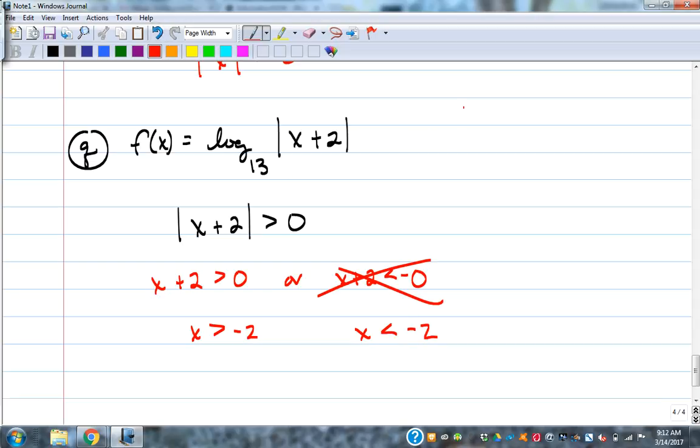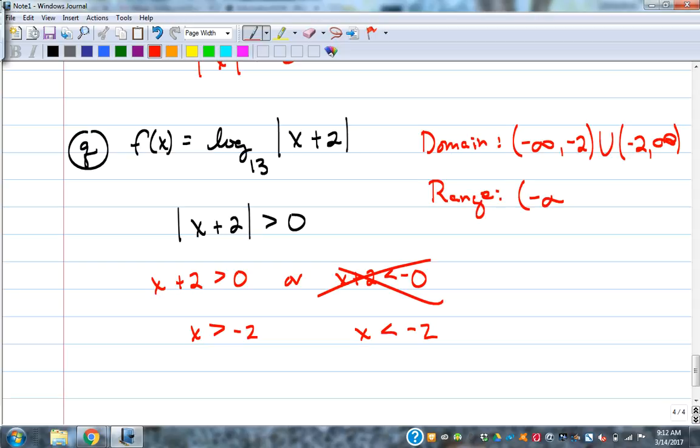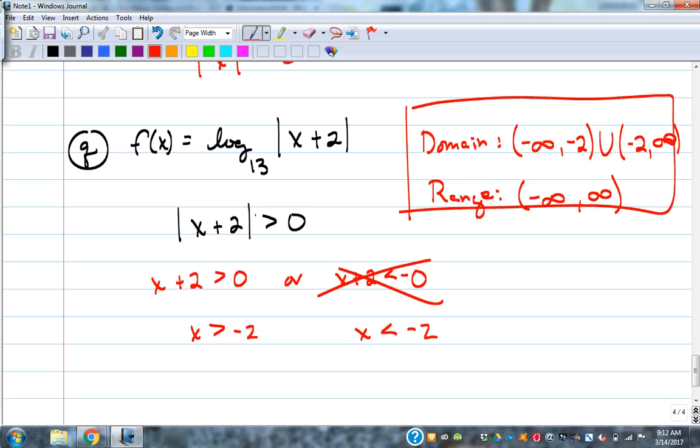So -2 is the thing that's going to get the absolute value equal to 0. So our domain is the same idea as the previous example, except we got something else inside of there. So what's going to make the absolute value equal to 0? It's -2. And then the range is kind of boring because it never changes.